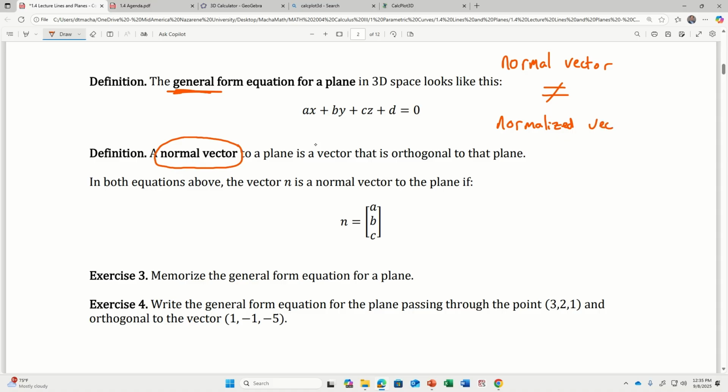A normalized vector is the same thing as a unit vector. A unit vector is a vector that has a norm of 1. And so if you normalize a vector, you rescale the vector so that it has a norm of 1, but it points in the same direction. But you should know that normal does not mean normalized. Normalized has to do with changing the length of the vector. But a normal vector is just saying I'm orthogonal to a plane or a surface.